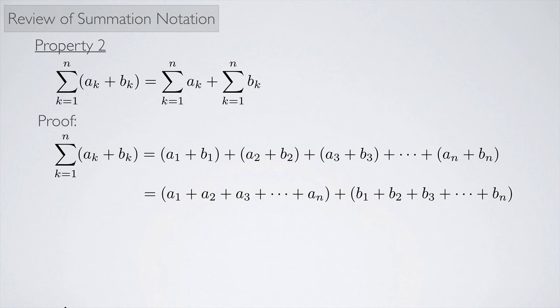And being able to group all of these things together involves moving parentheses around and moving terms around. And if you really want to be specific here, that involves using the associative property to move parentheses around and the commutative property to move the order of the terms around. And then we see that once you do that, you get two separate sums, one for a sub k and one for b sub k.